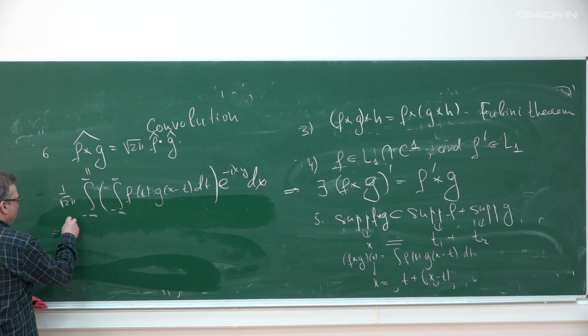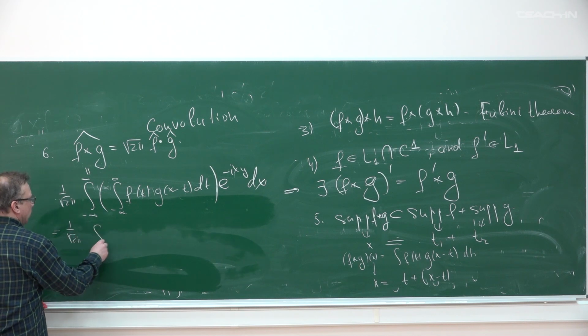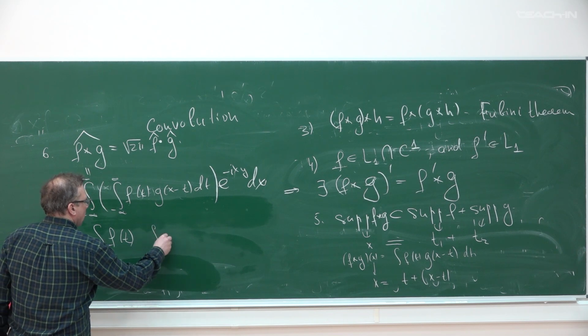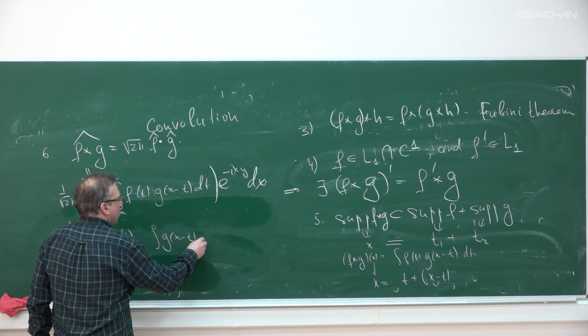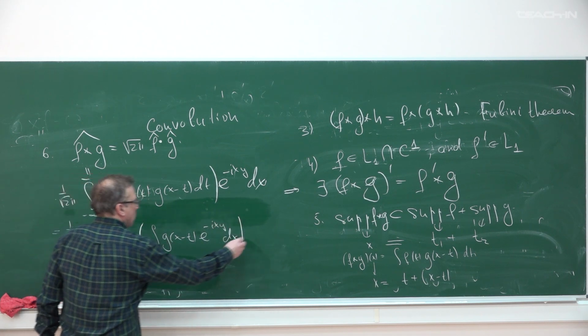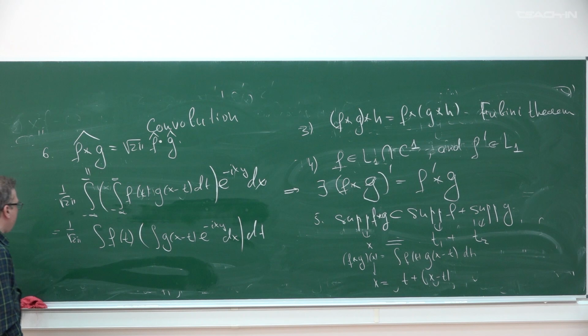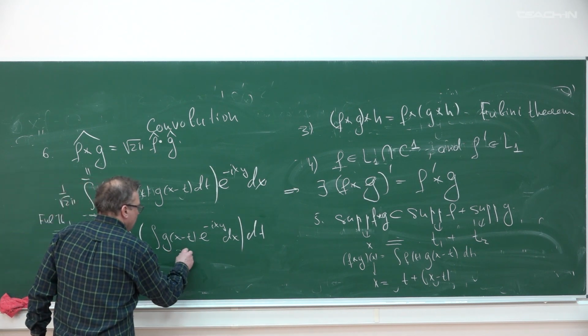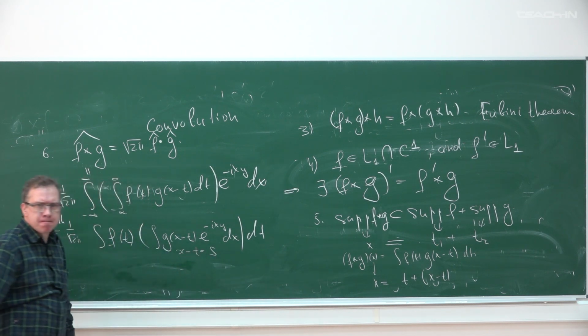Then Fubini. This is the Fubini theorem. You can do it because the functions are integrable. And in the interior integral, change the variables: x minus t equals s.